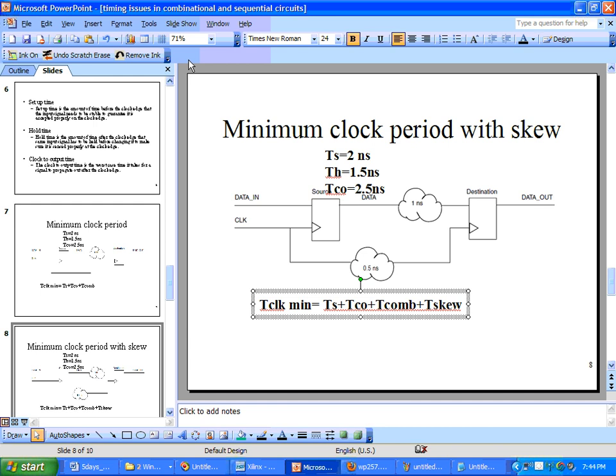Let's say TCLK minimum is equal to 6 nanosecond. Then at what minimum time period can you run? Above this value or below this value? Above. You cannot run below because it's a minimum. So you can run at 10 nanosecond. If you run at 10 nanosecond, the remaining 4 nanosecond is called slack time. Slack means an extra window that you are keeping. So slack time is equal to TCLK minus TCLK minimum.